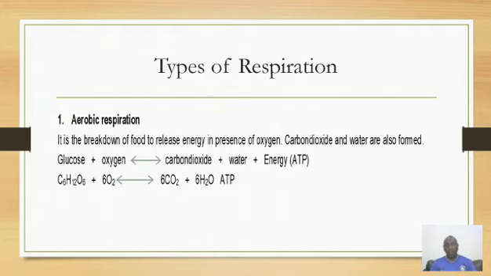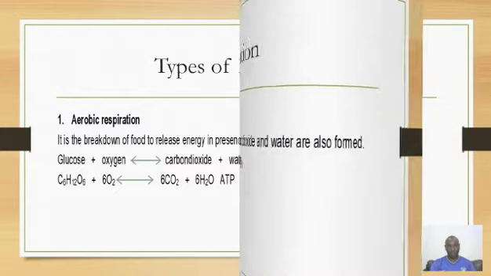We begin by looking at aerobic respiration. What is aerobic respiration? It is the breakdown of food to release energy in presence of oxygen. Anaerobic respiration, we shall see, is the breakdown of food to release energy in absence of oxygen. So it is the complete opposite of aerobic respiration.